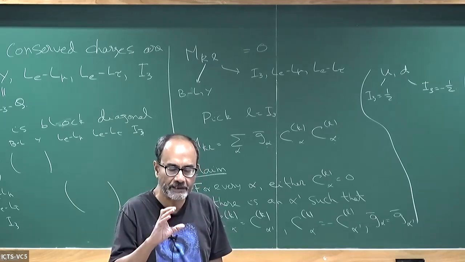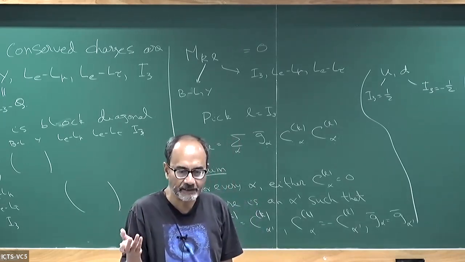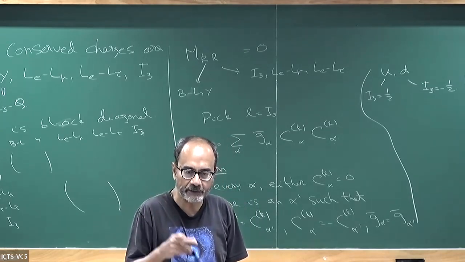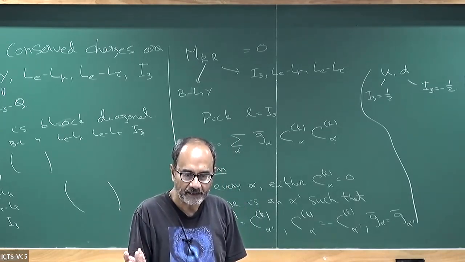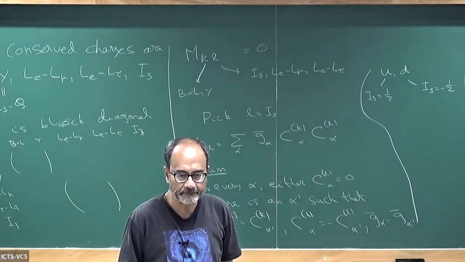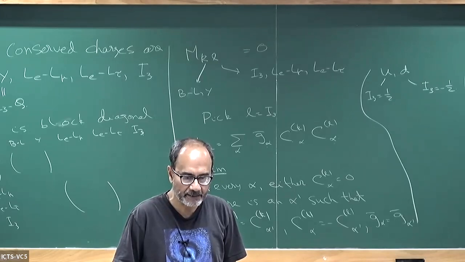Here you also have to distinguish between left and right. Left-handed muon and right-handed muon have different Y, but it doesn't matter: you exchange left-handed muon with left-handed electron and right-handed muon with right-handed electron. Those have the same Y. Only the Le minus L mu will change sign.